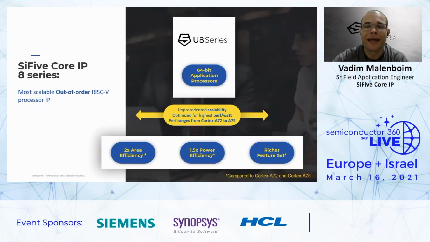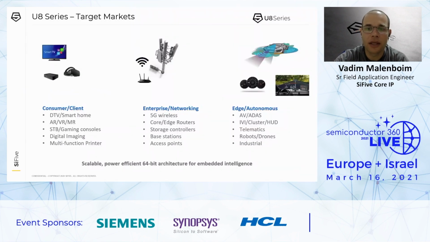Going forward to the 8 series product, we meet the first out-of-order RISC-V core IP implementation. The 8 series product is the highest performance out-of-order RISC-V processor IP available. The 8 series targets a wide variety of compute-demanding applications from edge to cloud.